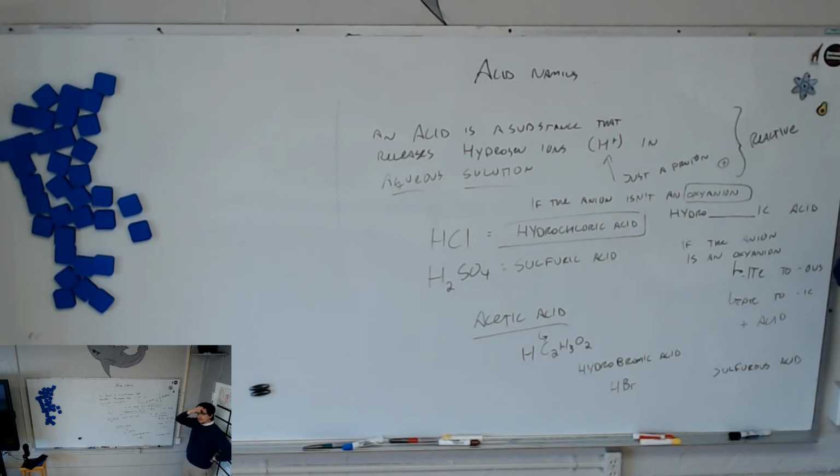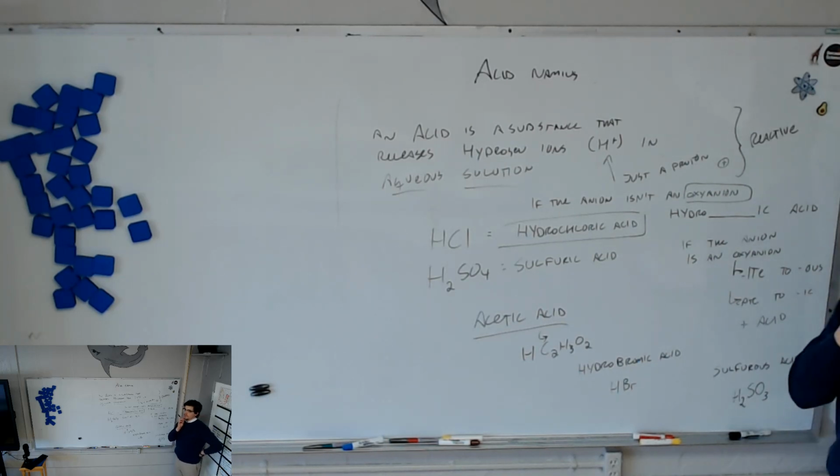It was ite. So ous comes from ite. So what polyatomic ion must this have been? Sulfite, which is SO3. And what's the charge on it? Negative 2. So how many hydrogens is it going to take to make it happy? 2. So H2SO3.